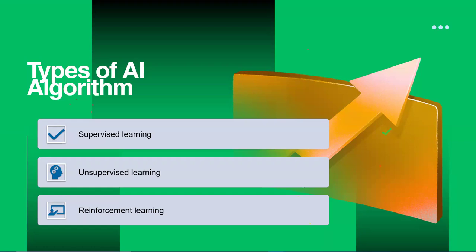These are the three types of algorithms that power all of this. So whether you are building a regression system, an AI system to detect cancer cells, or a self-driving car, they all fall into one of these three categories.